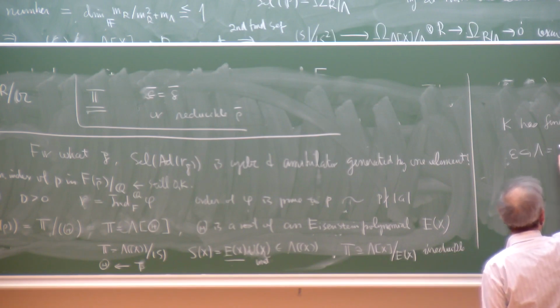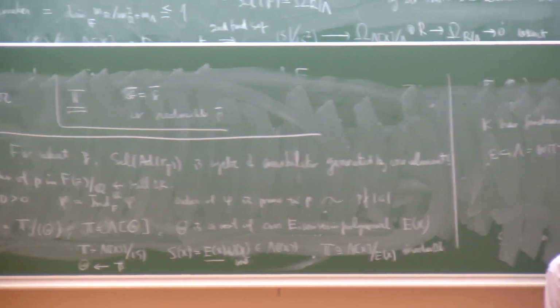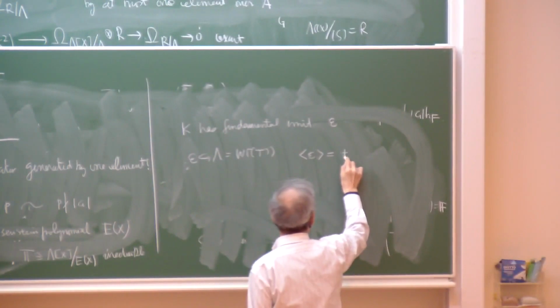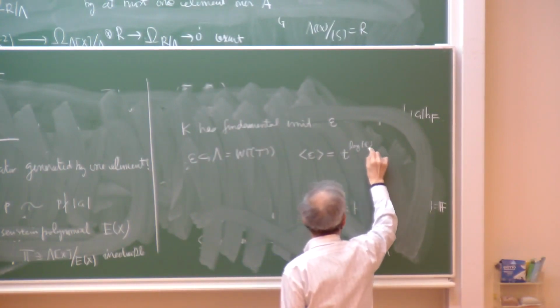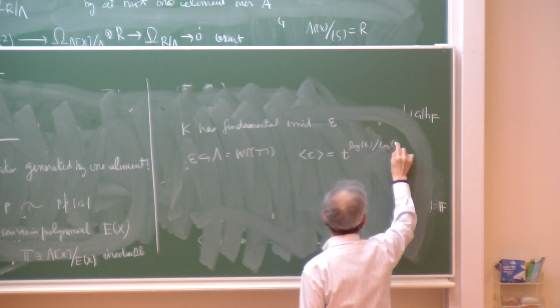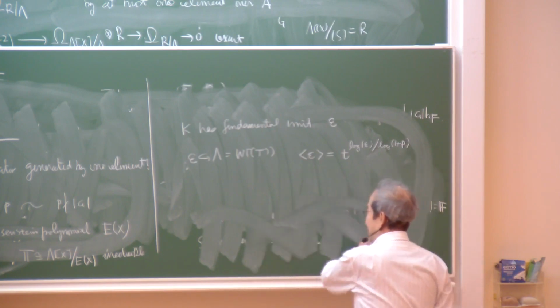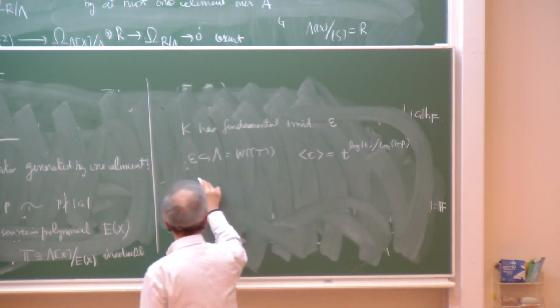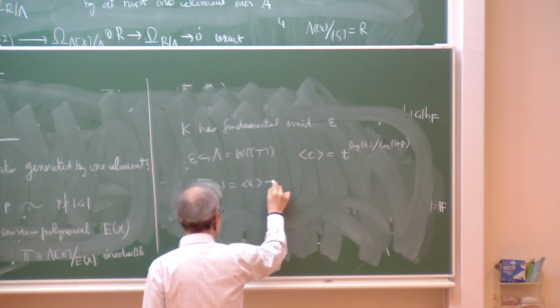Lambda is W double bracket T, and so I write epsilon to be the image, so it's small t to the log of epsilon, p-adic logarithm, divided by log of generator, say 1 plus p, kind of thing. Then E0, the constant term, is this epsilon minus 1.